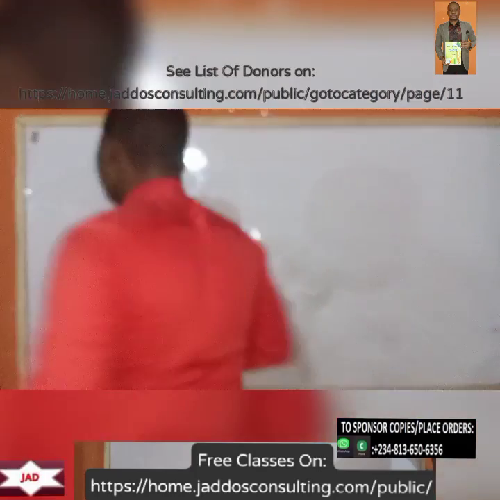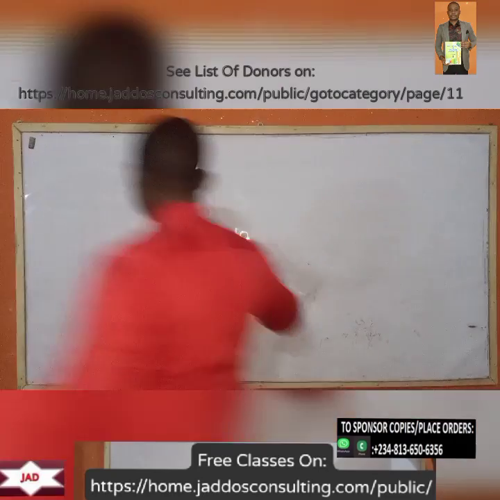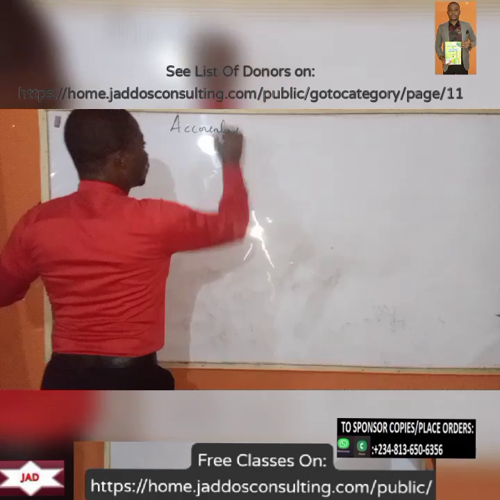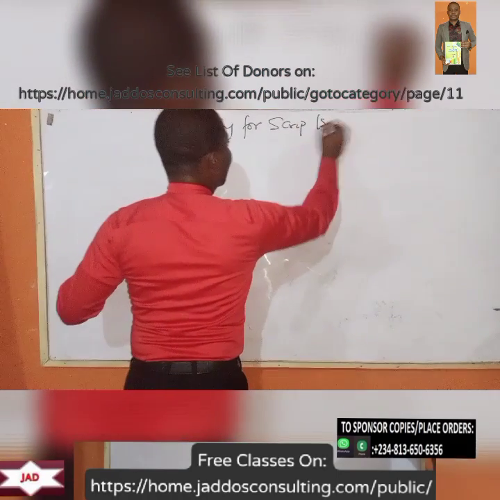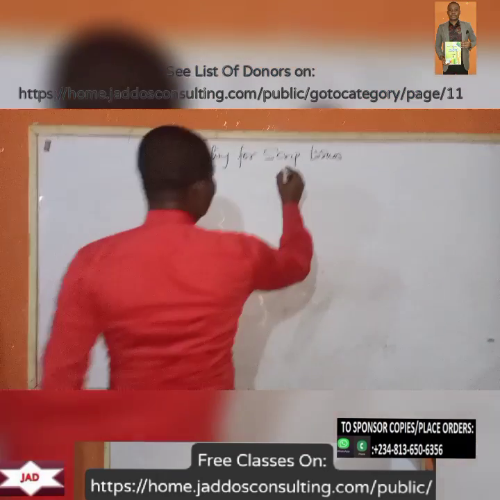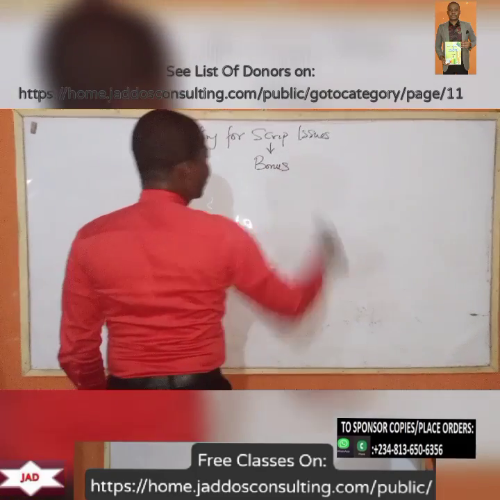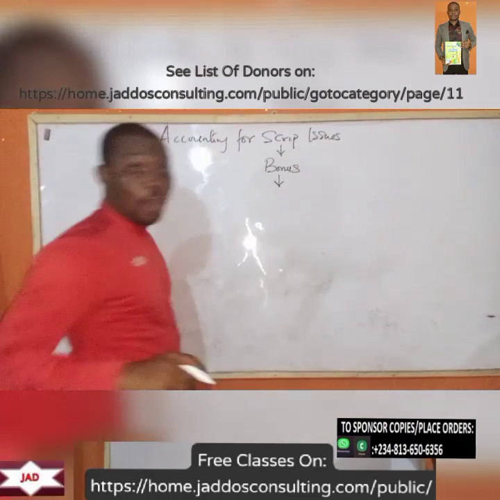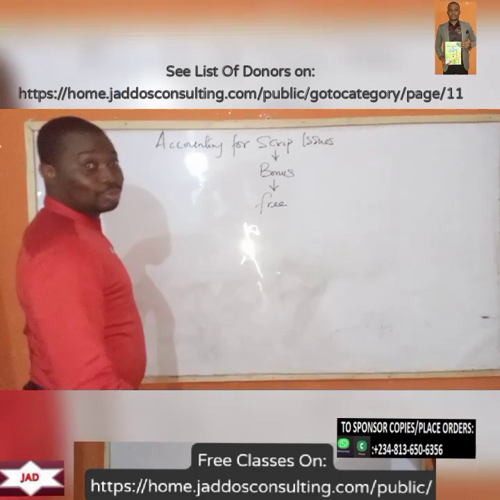So today we are looking at accounting for scrip issues. All right, if you don't want to call it scrip, you can call it bonus issues, or let's creatively call it free issues.